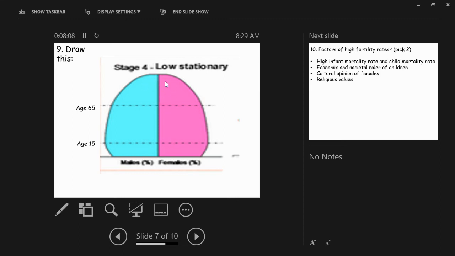You can see that you have a large portion of the population that's elderly. I'm moving ahead in 5, 4, 3, 2, and 1.